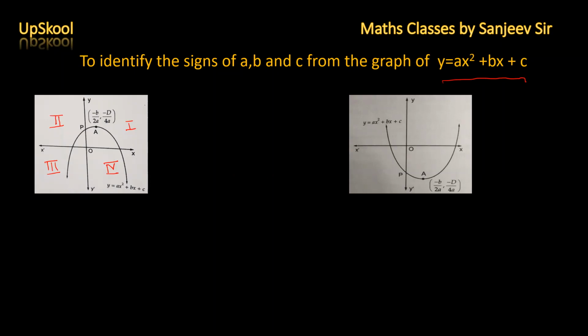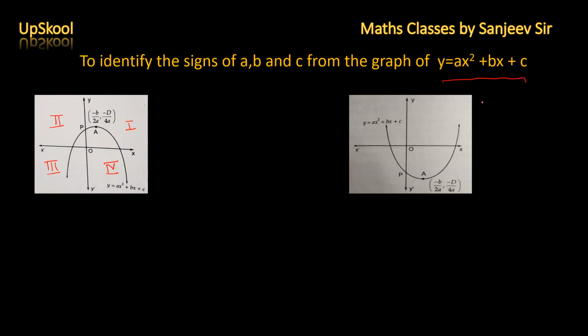To identify the sign of a, we have to first see the graph of the equation, that is a parabola. You all know that the graph of a quadratic equation is a parabola.